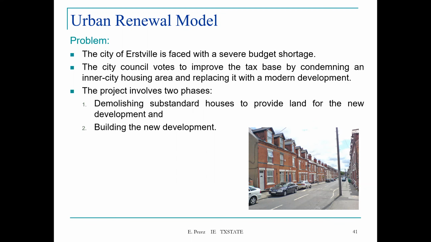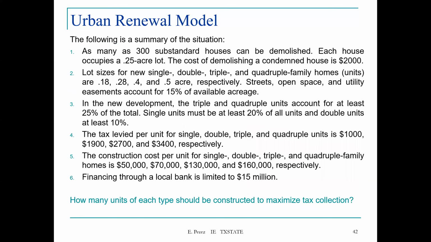The first phase is to demolish substandard houses to provide land for the new development. And the second phase is to build the new development. So in this problem, we're going to have to account for the cost of demolishing the current houses that are in the land. And then we also have to account for the cost of building the new homes.